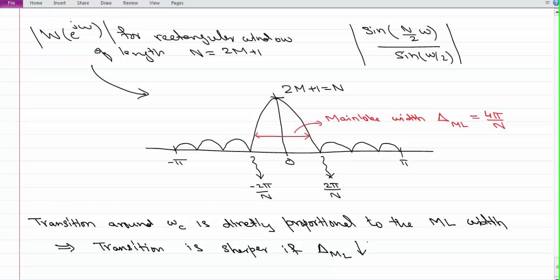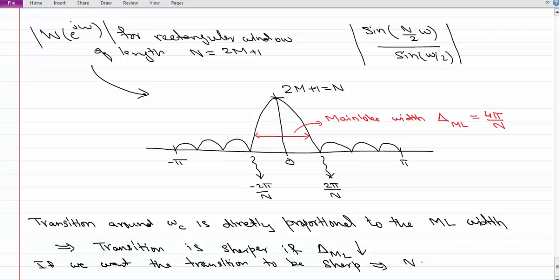Now, what is the main lobe width a function of? Main lobe width is a function of the length of your filter, and it's inversely proportional to the length of your filter. And that's where the length of the filter starts coming into play. If we want the transition to be sharp, then N has to increase.